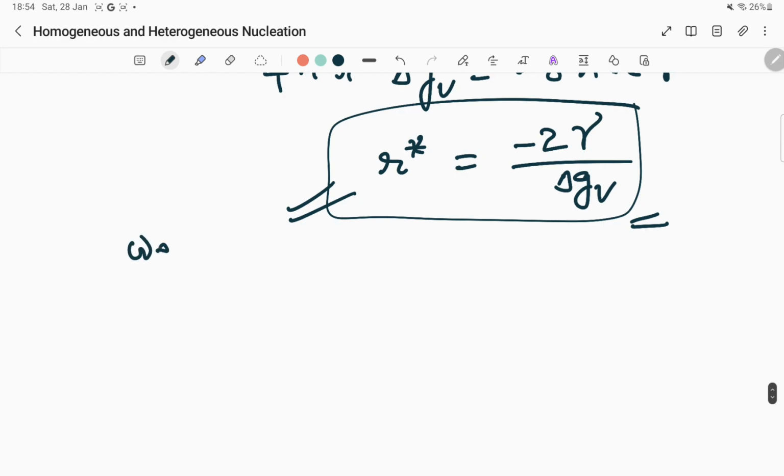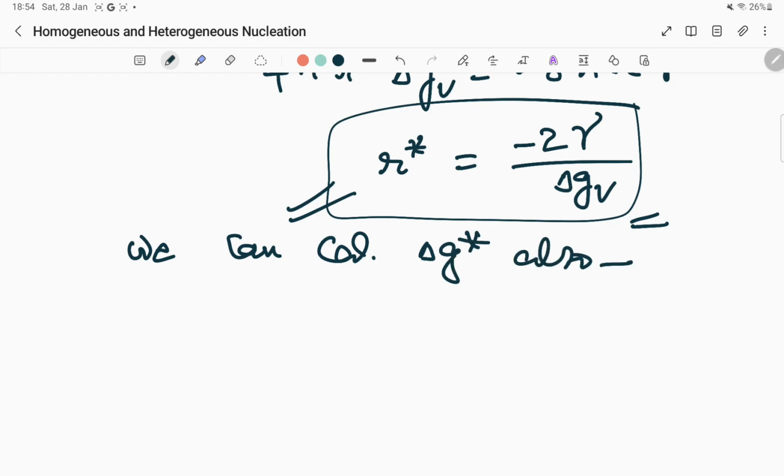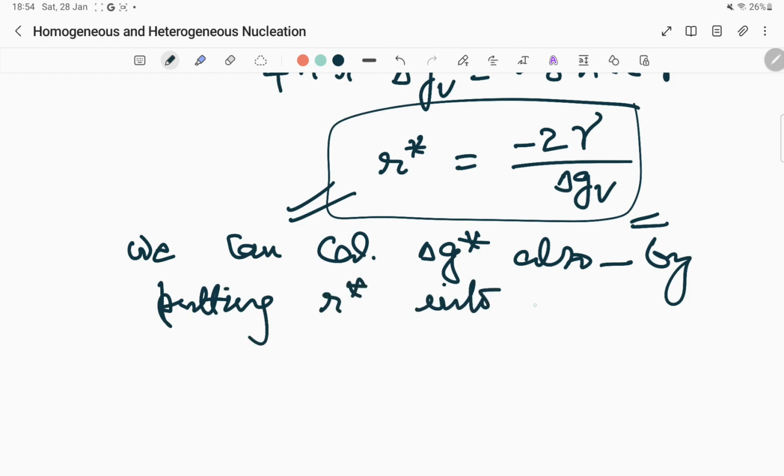And we can calculate delta G star also by putting R star into the previous equation.